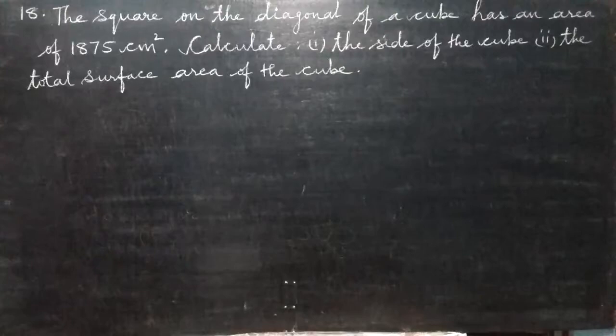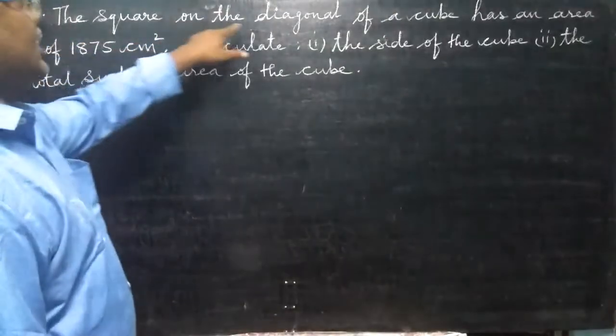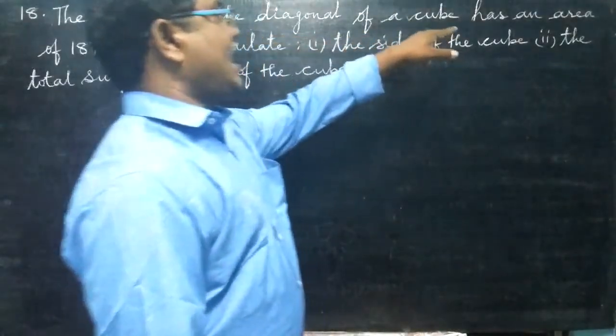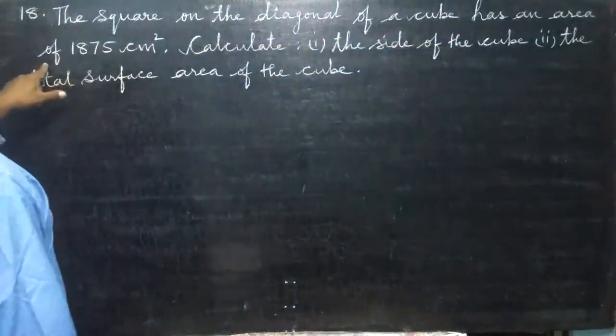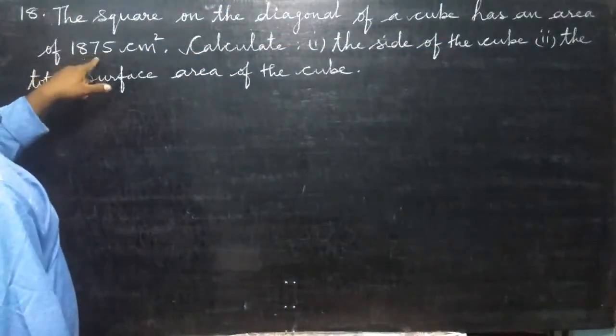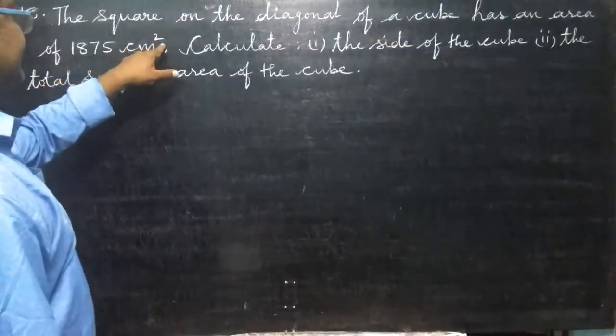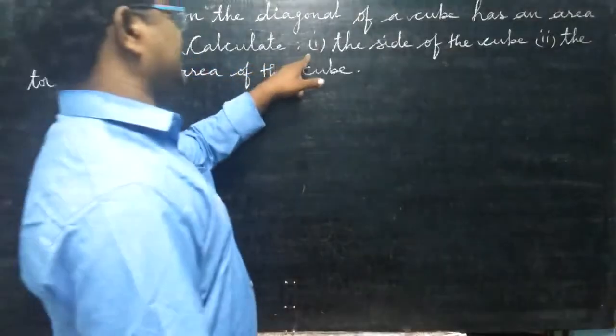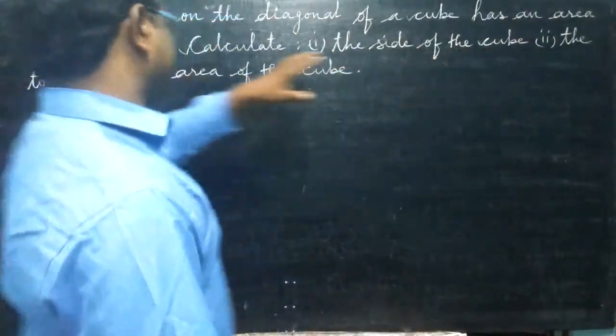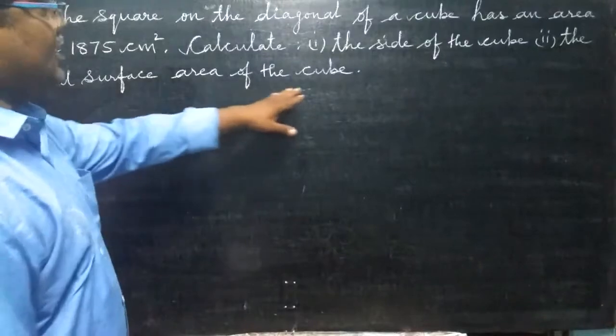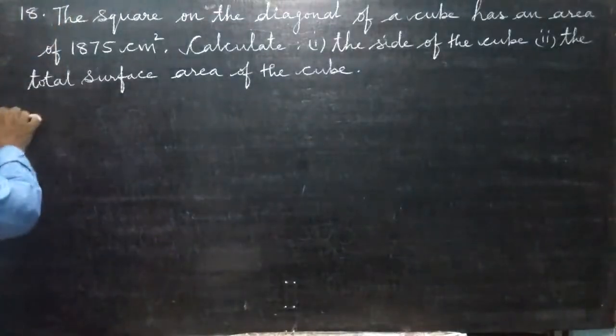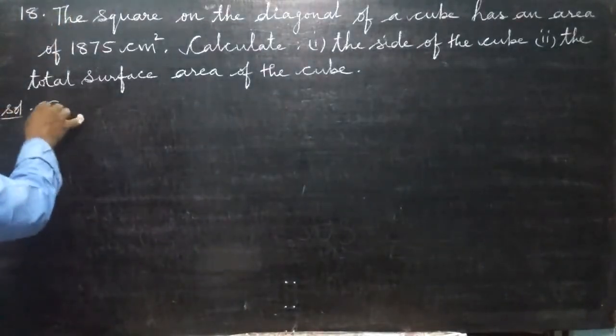18th problem. The square on the diagonal of a cube has an area of 1875 centimeter square. Calculate first the side of the cube, second the total surface area of the cube. Now here solution. What is given?